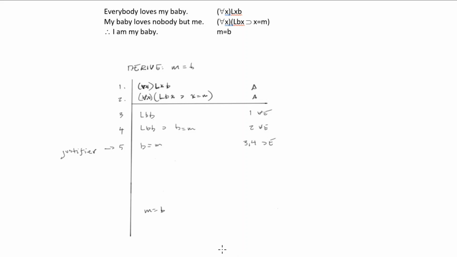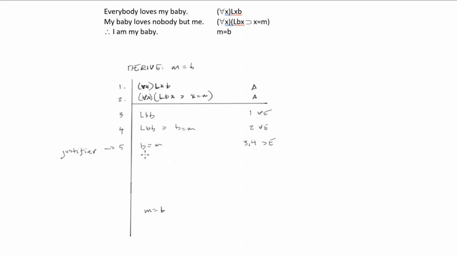Now, we're going to do this same proof slightly differently. The first 3 rule applications are going to be the very same. Now let's look at this identity. We know that identities justify substitutions. So this identity statement, B is identical with M, will justify substituting M for B or B for M in a context for substitution.